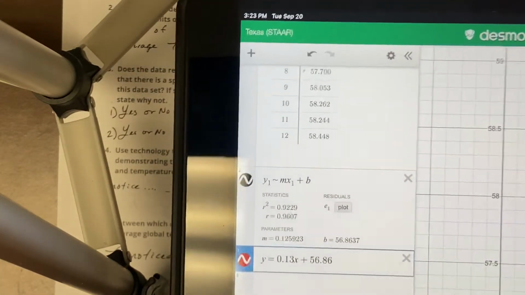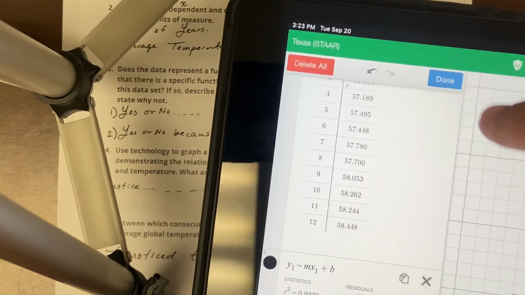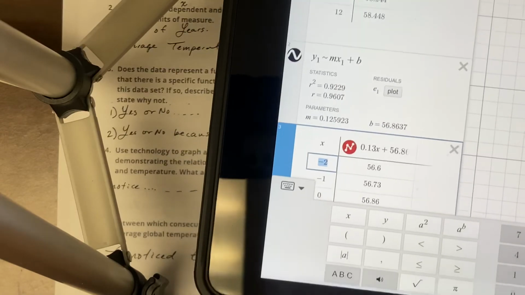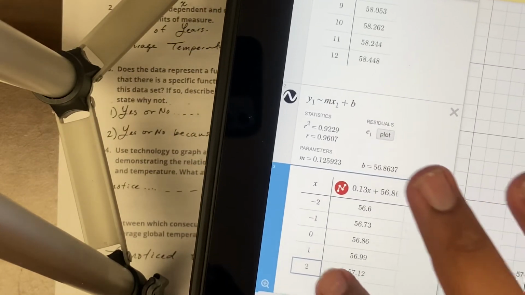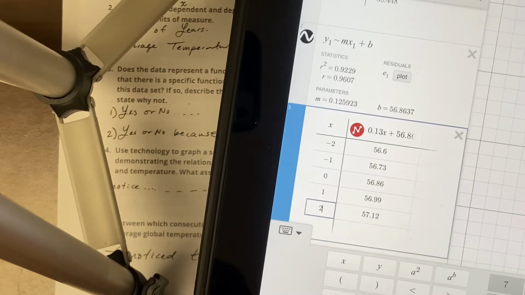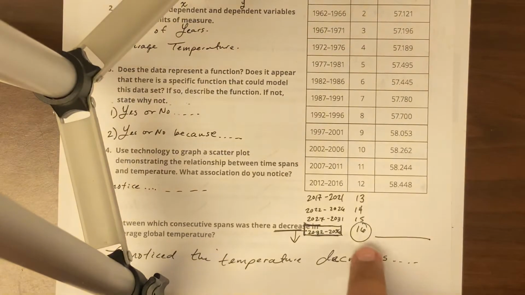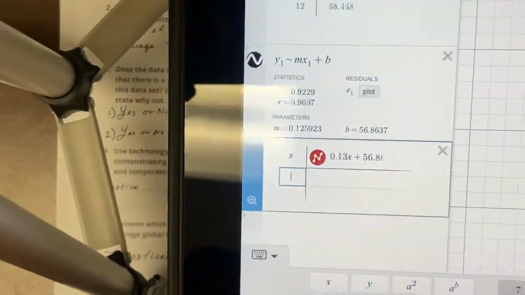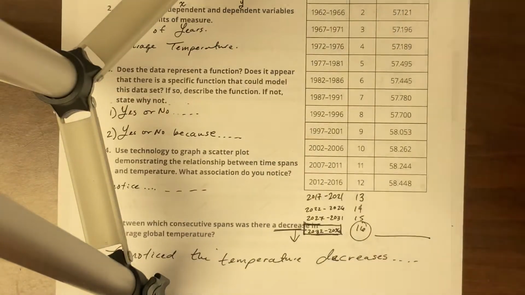I'm going to do the table stuff, so I'm going to click the gear. Table. I don't like all this stuff, so I'm going to erase it just to make my life easier. And we're looking for the number 16, so I'm going to type in 16. 58.94 degrees.